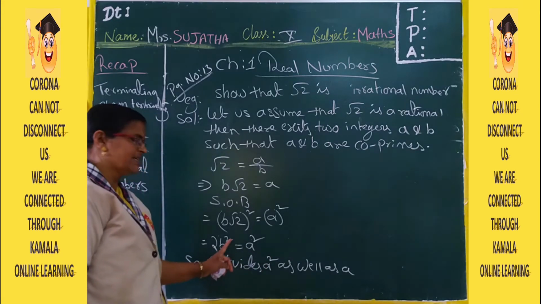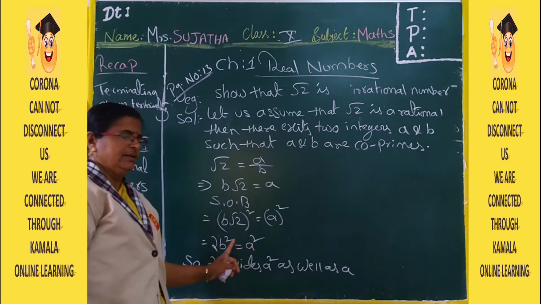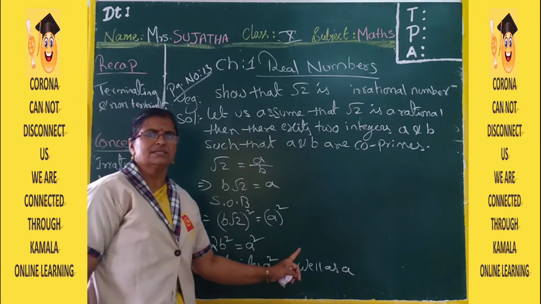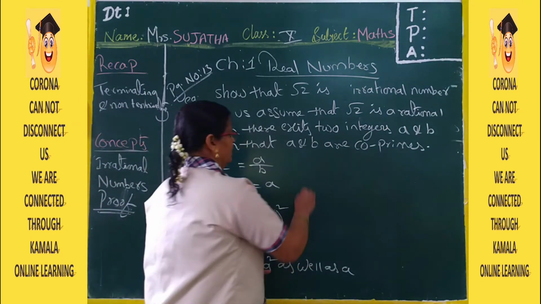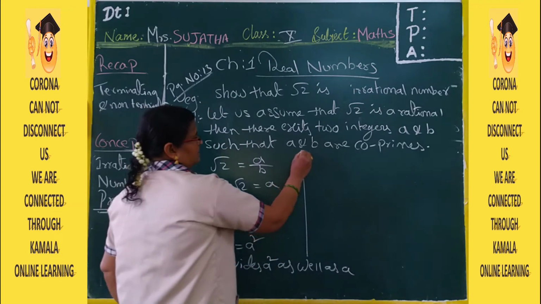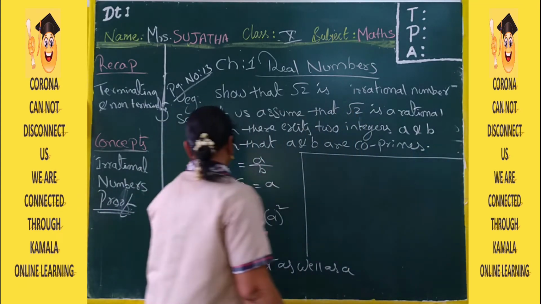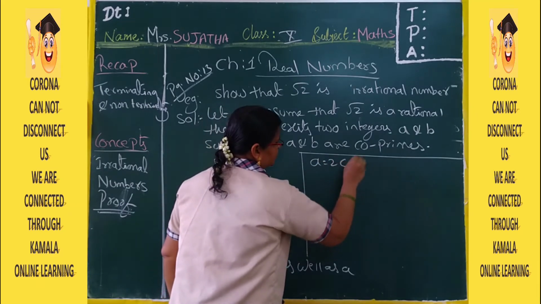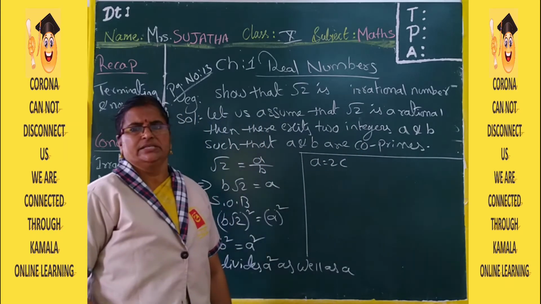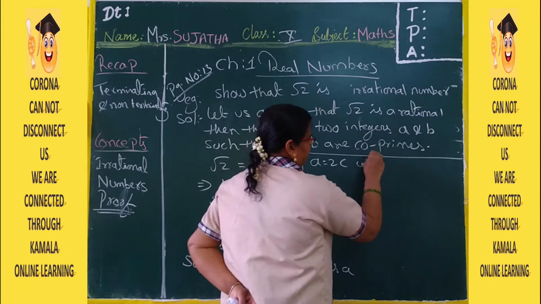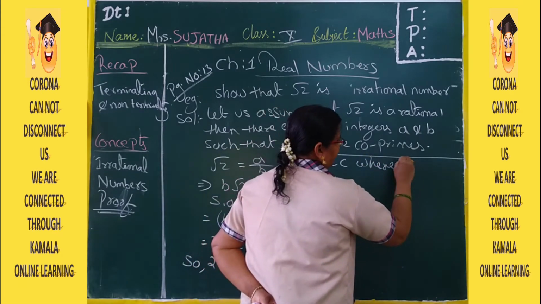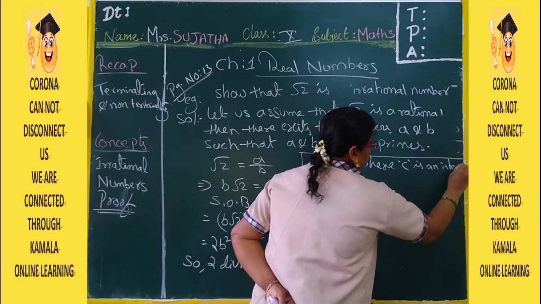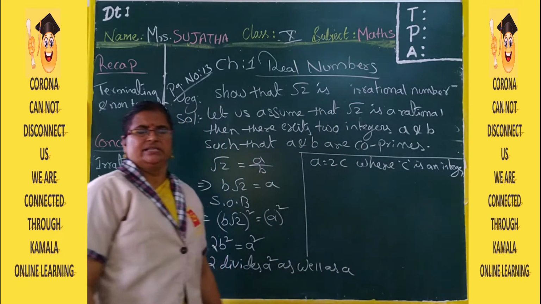If you divide both sides by 2, it will divide a square as well as a also. Okay. Now, after that, I want to take a is equal to 2c, where c is an integer.